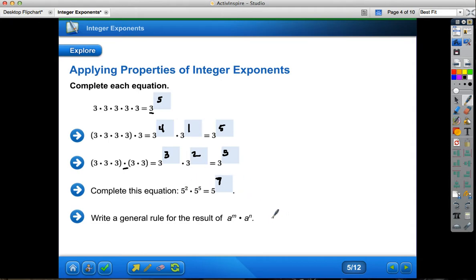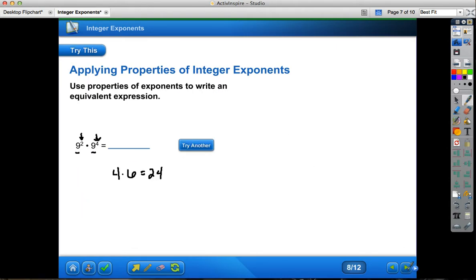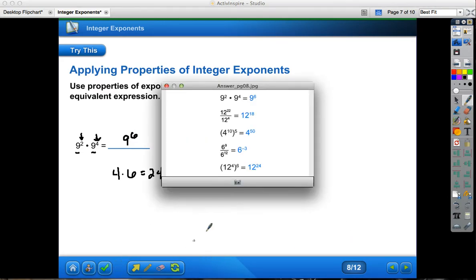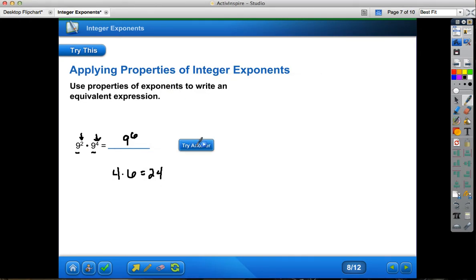Okay, so you should have found that you can add those, so you end up with m plus n. So I have 2 plus 4 is 6, gives me 9 to the 6th power. Check our answer. It's correct. All right, so here I have 12 to the 22nd power over 12 to the 4th power.